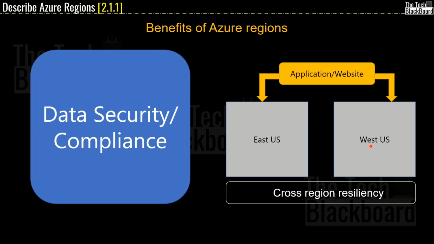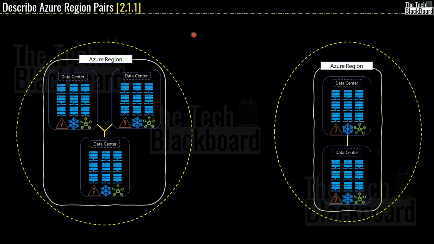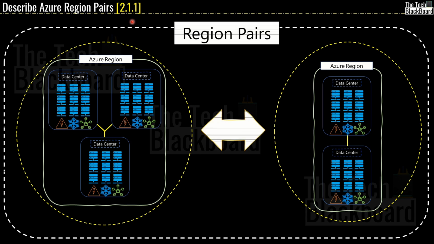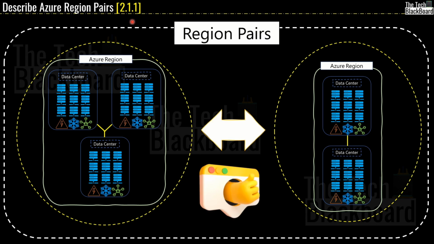the country. Now let's understand what a regional pair is. Please note that we are still in the section 2.1.1. So friends, as the data center is a collection of servers, Azure region is a collection of data centers, and if you guess that the regional pair is a group of Azure regions, congratulations, you guessed it right.